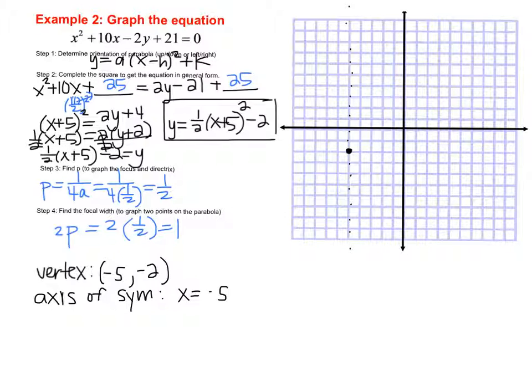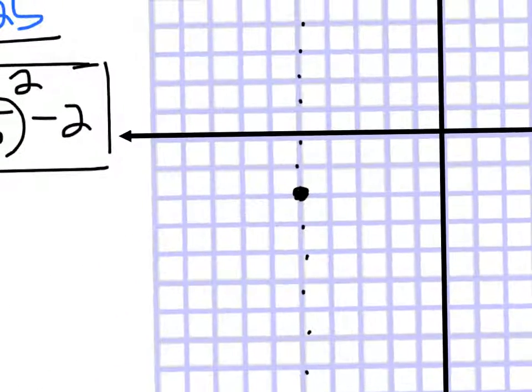So now let's get some of the new stuff. The focus and directrix we get just by counting. We are going to be counting p in either direction of our vertex. So we count p up and p down. p is 1/2, so we're going to put a point 1/2 up and a point 1/2 down. I'm going to have to zoom in a little for that.